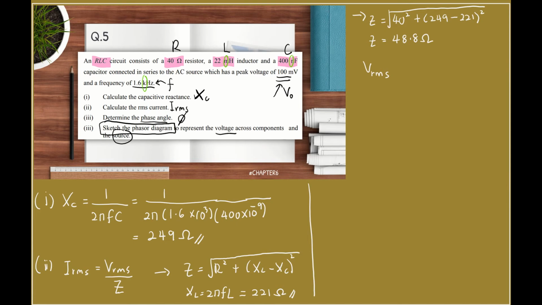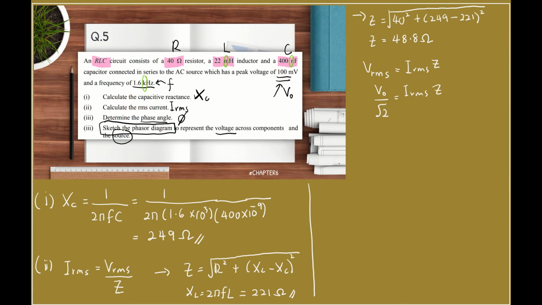Then we can use this value of Z in the equation. VRMS is equal to IRMS times Z. Now we don't have the value of VRMS, so we expand the equation. This is the equation for VRMS.